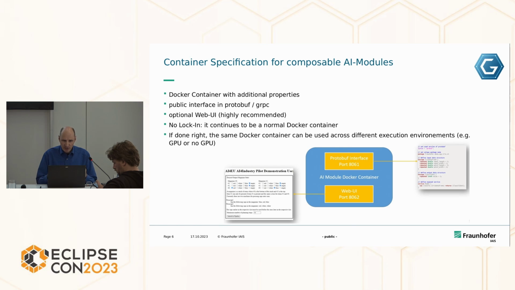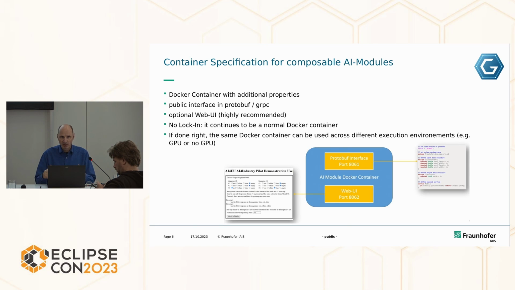And our container specification for composable AI modules sits on top of the Docker image specification. All of the modules are Docker containers with additional properties. Very important is that the public interface of each module must be specified in the open protobuf format.